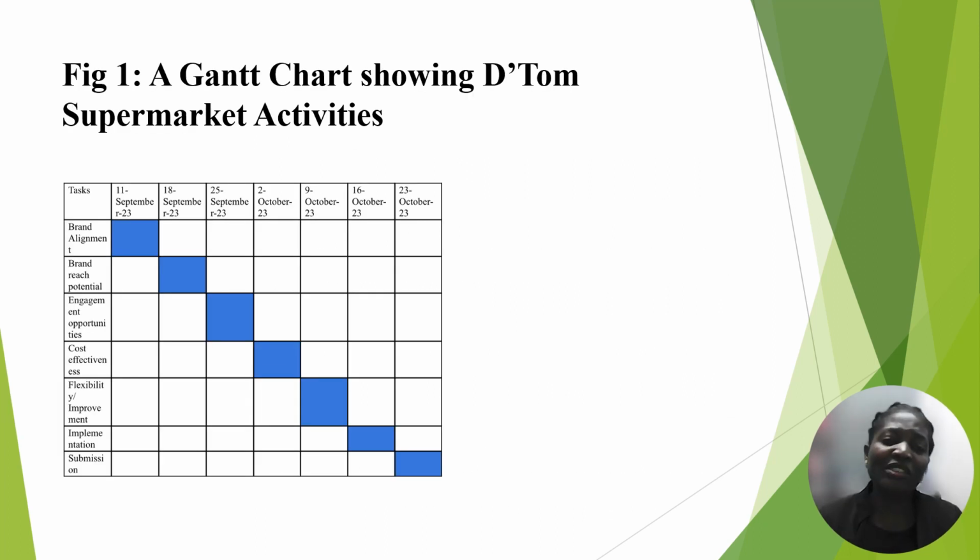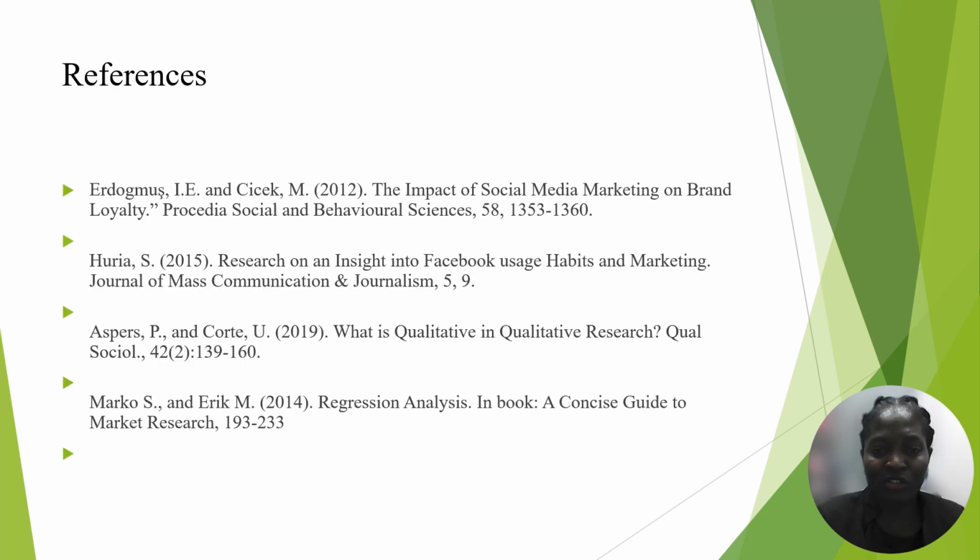This was a Gantt chart in Block 2, also a data visualization measure that I used, depicting the rate at which activities were being done in the Tom Supermarket. Each activity must be completed before the next is embarked on, which also helped me in drawing my conclusions.